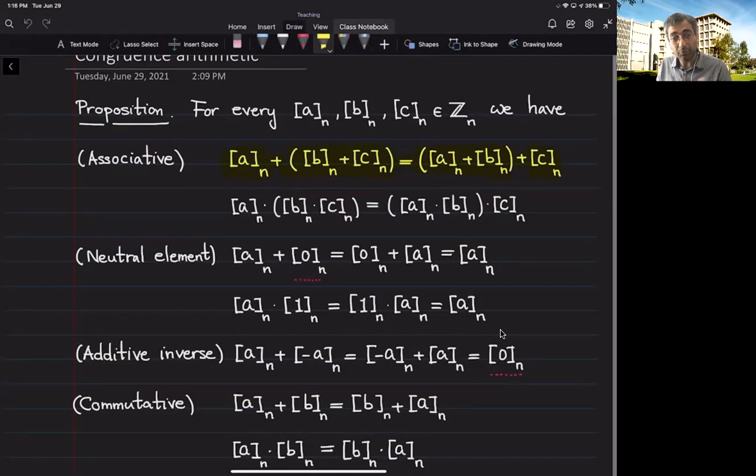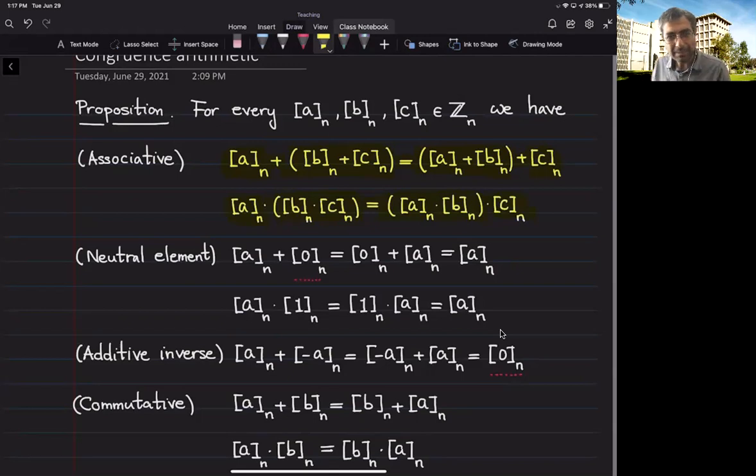The same is true for multiplication. When I multiply two residue classes and then multiply that result by, okay, so I start with the residue class of A multiplied by the product of two residue classes, I can do it like that. Or I can first multiply the residue class of A by the residue class of B and then multiply the result by the residue class of C.